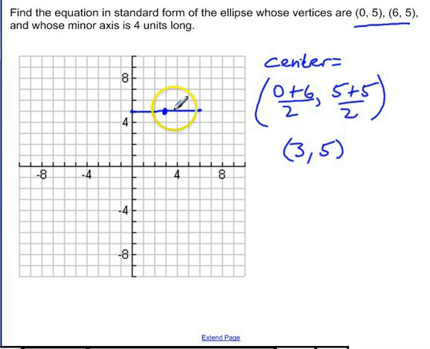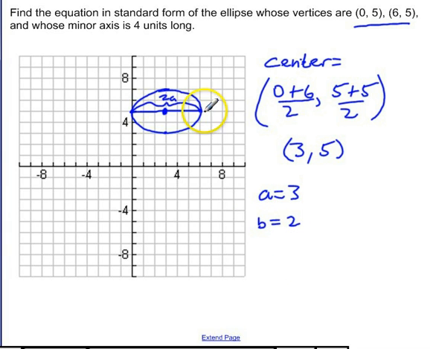And from the center, I'm going to go up 2 and down 2 because we were told that the minor axis is 4 units long. Okay, so what does that mean A is? Well, remember that the major axis is 2A, so that means that A is going to be 3, and the minor axis is 2B, so B is going to be 2.